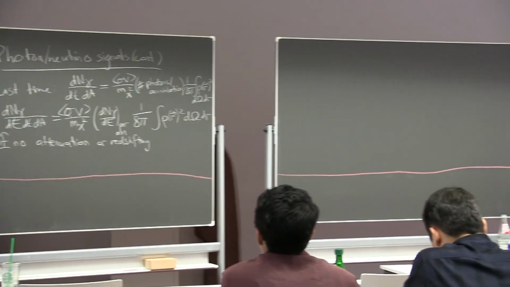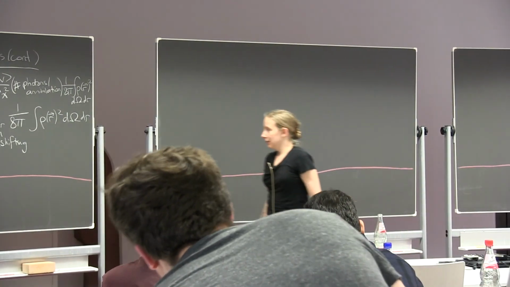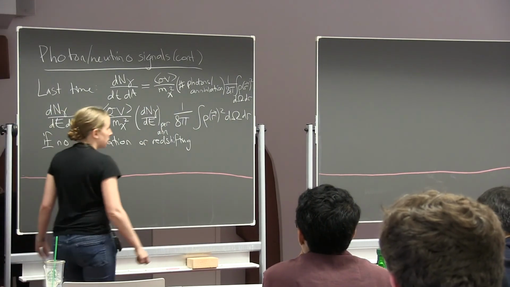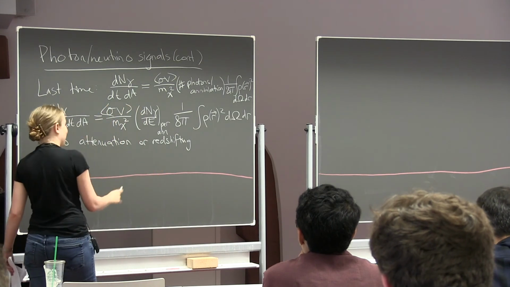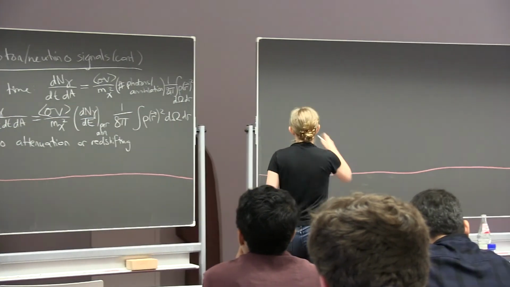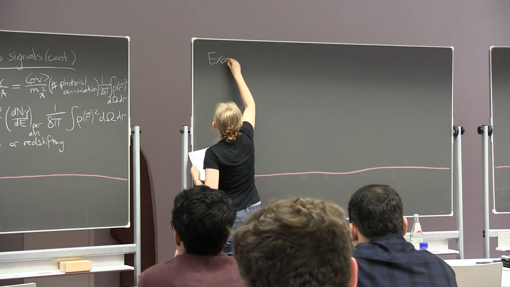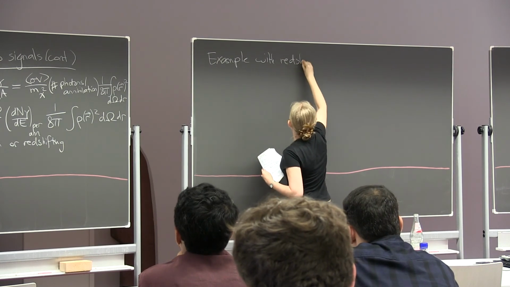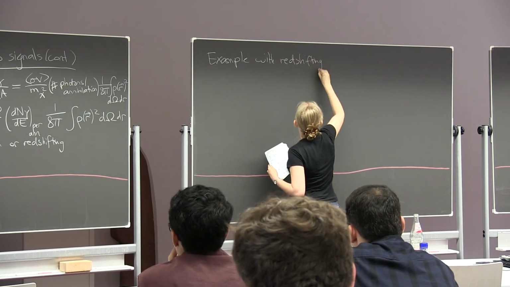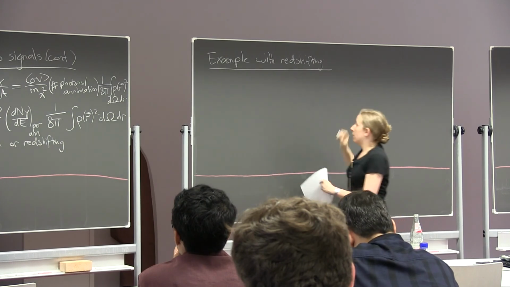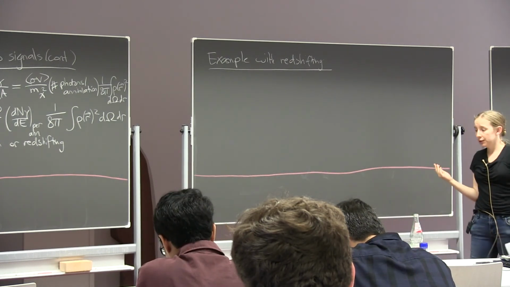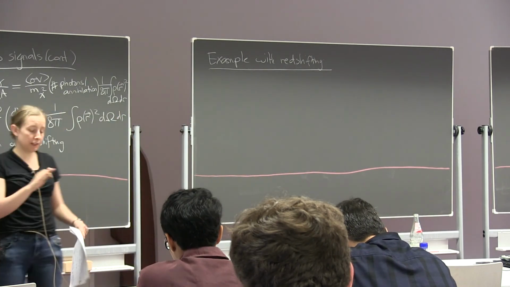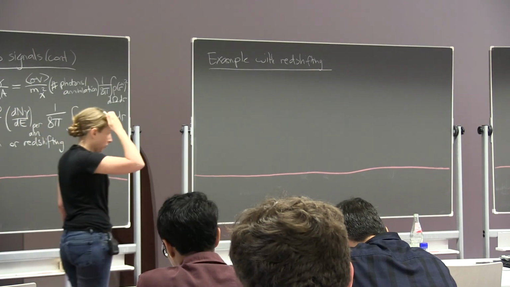So let's first just do a simplified example in which there's redshifting, but there is no spatial dependence to worry about. This is the most simple case where you do have redshifting as well. Let's suppose that what I'm trying to measure is just throughout the history of the universe, there has been some isotropic cosmological dark matter background.